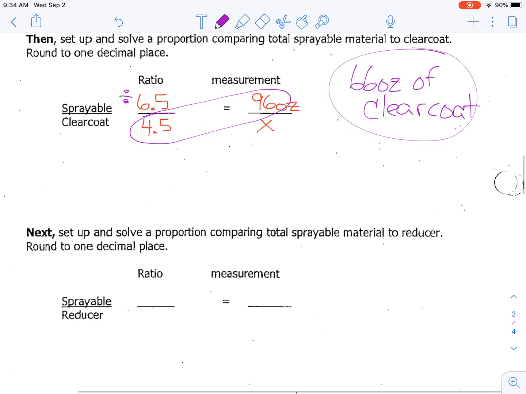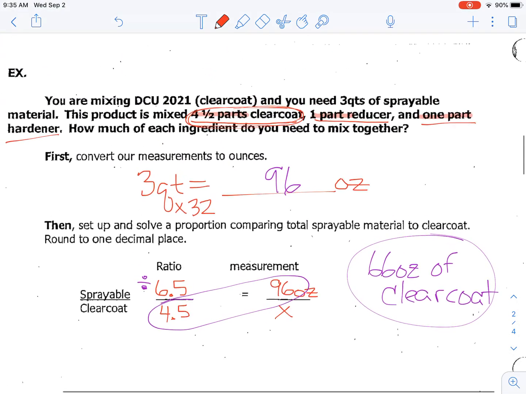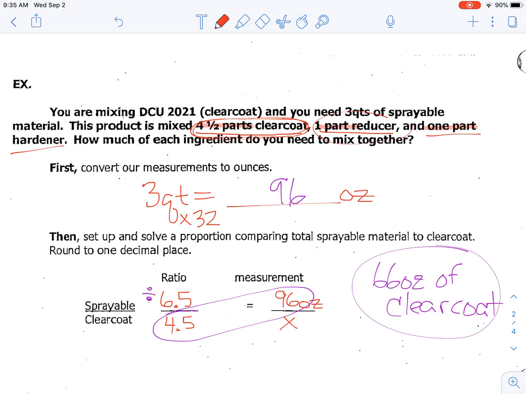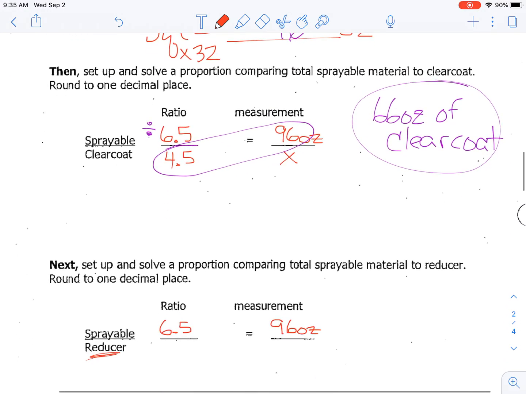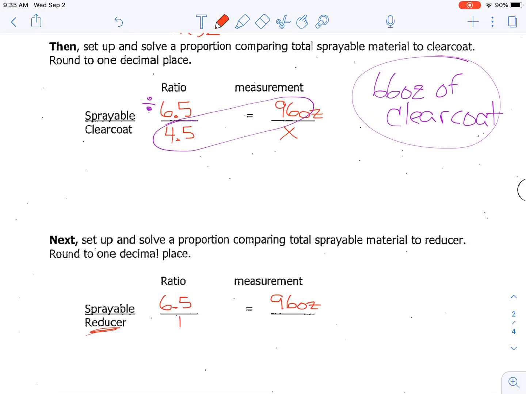Now we're going to set up another proportion, and this time our proportion is going to be with the reducer. Our sprayable number of parts is still 6.5. We need a total of 96 ounces. That's still the same. But how many of the parts actually come from just reducer? 1 part comes from reducer, so we're going to put a 1 right here.